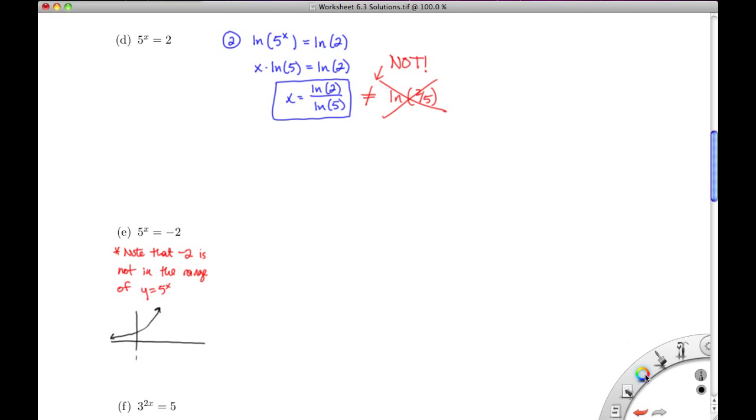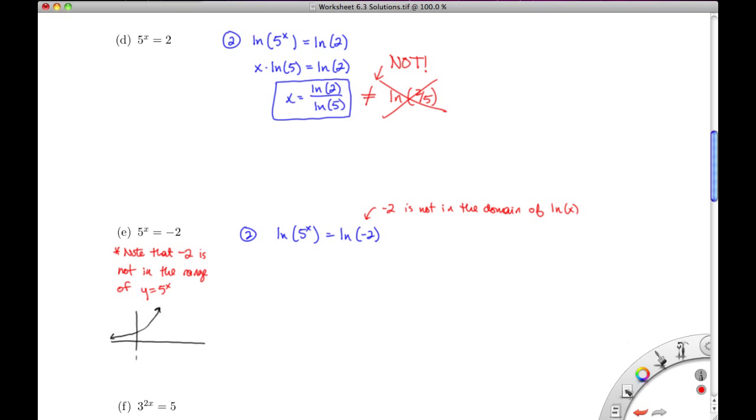Even if you didn't catch that, if you started working through the problem, here we would have to try the second option. We'd take the ln of 5 to the power of x, and then we'd try to take the ln of the other side, and hopefully at this point you'd also realize that, wait a minute, you can't take the ln of a negative number. -2 is not in the domain of the ln of x.